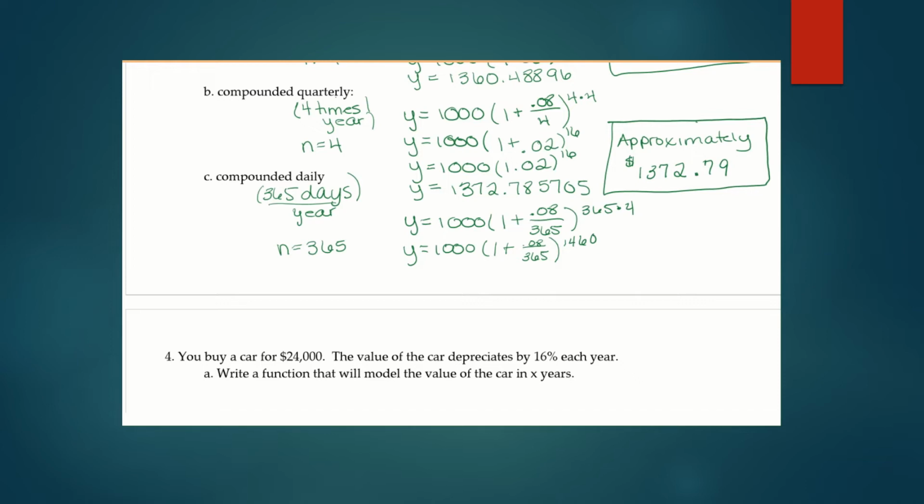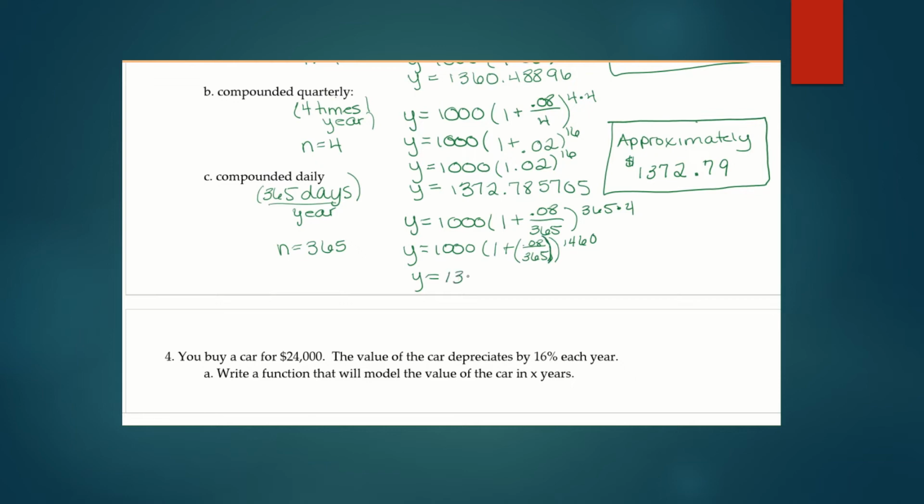I'm going to put that 0.08 divided by 365 in its own set of parentheses within that parentheses for your B value. And then I'm going to raise it to the power of 1,460. So I kind of used double parentheses there just to make sure I was really accurate. So basically I did this in my calculator.